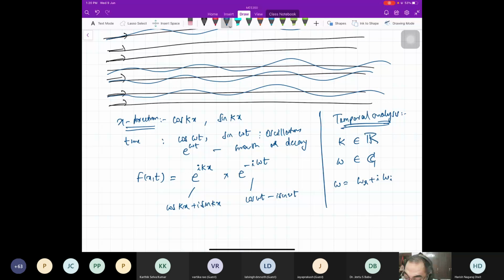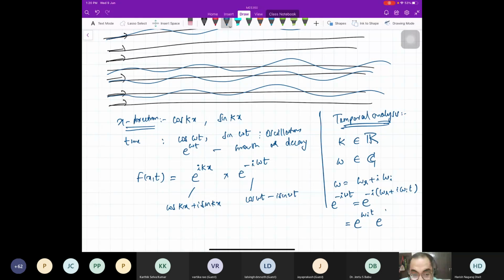And therefore e to the power minus i omega t becomes e to the power minus i times omega r plus i omega i, times t. And this gives me e to the power omega i t. Remember, that's why I took a minus before the i, before the omega, because i squared is minus 1.